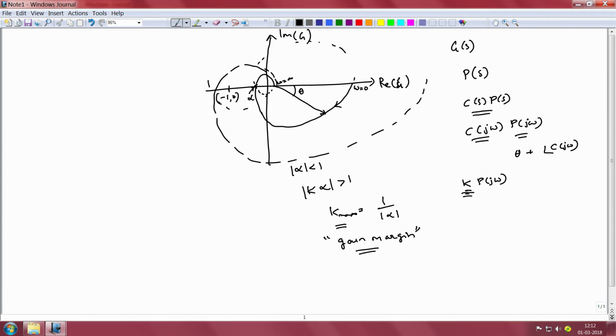The second effect that our controller can have, as I said, could be that it would add phase. It would essentially only contribute to changing the phase of the complex number p of j omega. So the angle of c times p would be equal to the angle of p plus the angle of c. Now generally, since we deal with strictly proper controllers, most of the controllers add phase lag, although there can be frequency ranges where they can add phase lead. But assuming that they add phase lag, what would happen to this complex number?